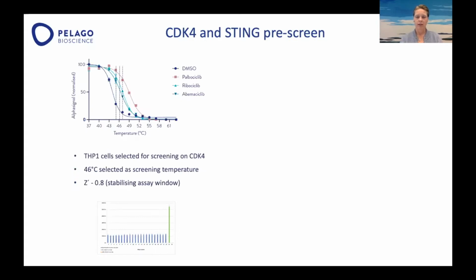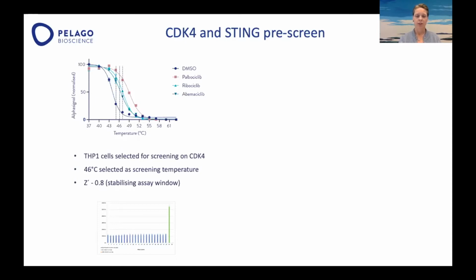This slide shows a little bit of the pre-screen data. First is CDK4, the melt and shift curves using three well-established tool compounds: palbociclib, ribociclib, and abemaciclib. As you can see, they all nicely stabilize CDK4. The three dotted lines represent the three different screening temperatures that we tested.